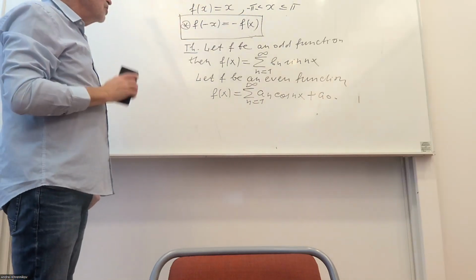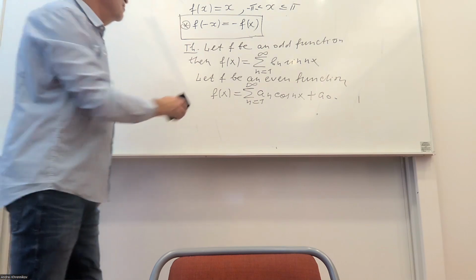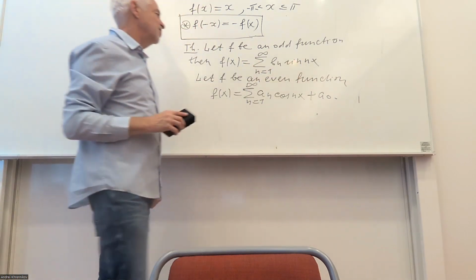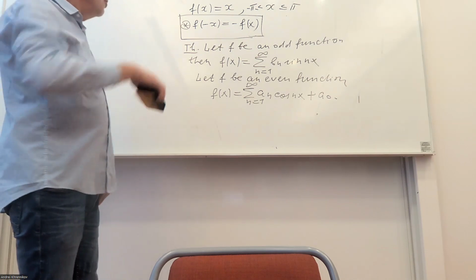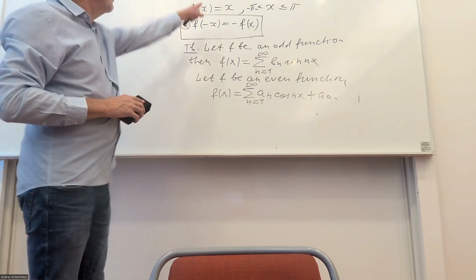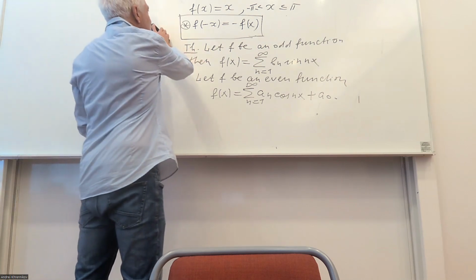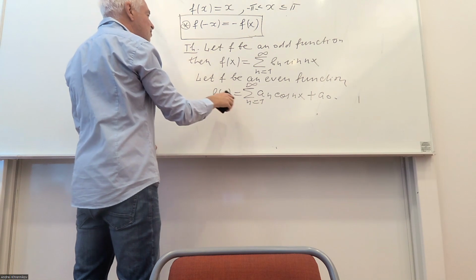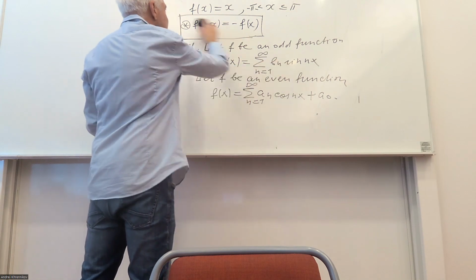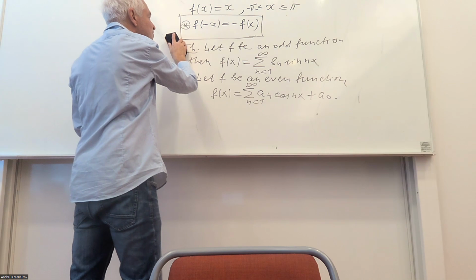Now we know the notion of even and odd functions. For one, the trigonometric series is just a sinus series; for another, a cosinus series. Now we go back to the Euler formula and to our function f(x), which is an odd function. So it would be this series, and we need to calculate only the coefficients bn.